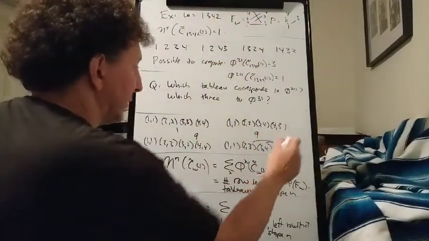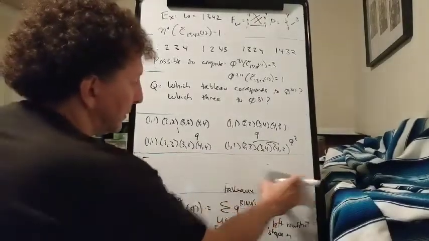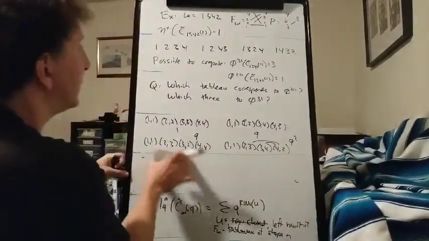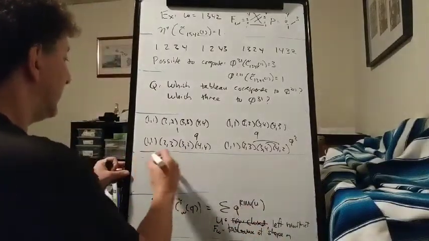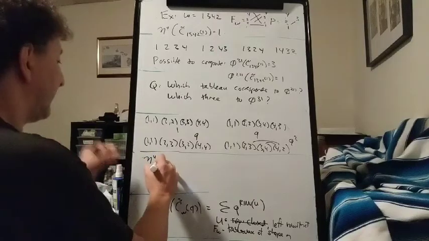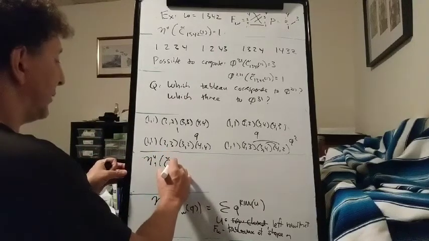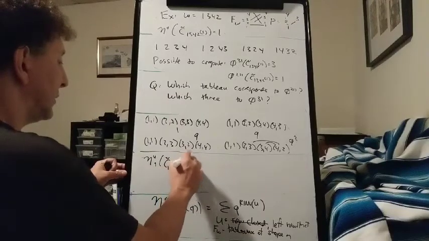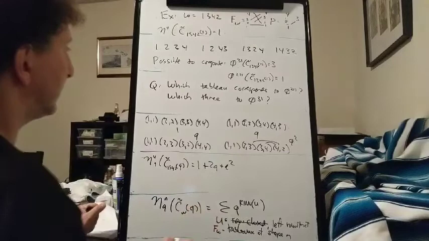So we have Q squared. So eta 4 of C1342 equals 1 plus 2Q plus Q squared.